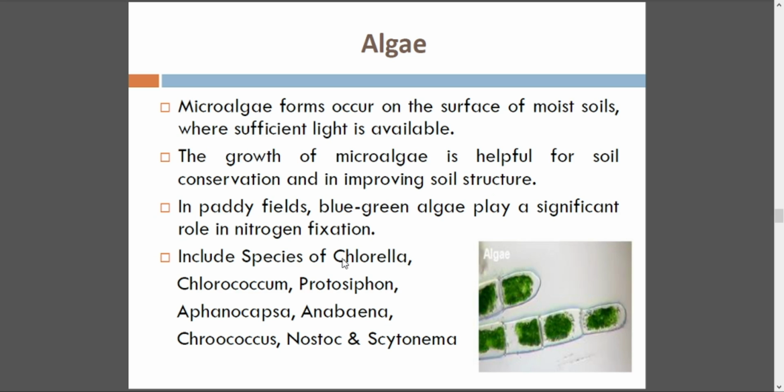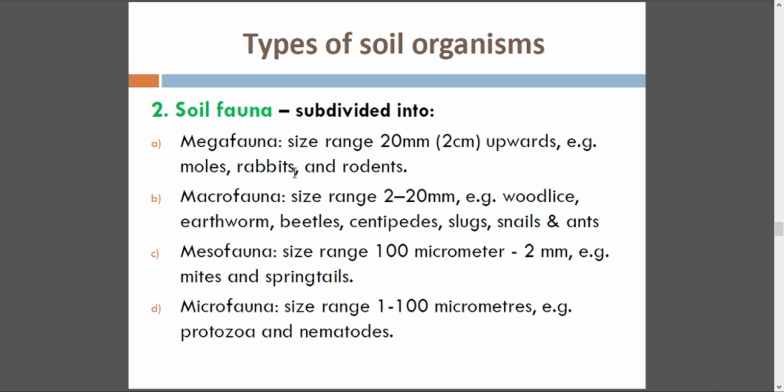Okay, so now let's look at the second subdivision of soil organisms, and this is the soil fauna. Soil fauna can be divided into megafauna, which are large, 20 millimeters or 2 centimeters upwards, for example the moles, the rabbits, and the rodents. Then we have the macrofauna, between 2 and 20 millimeters, for example the woodlice, earthworms, beetles, centipedes, snails, and ants.